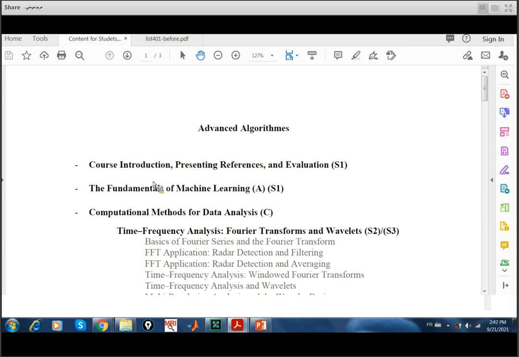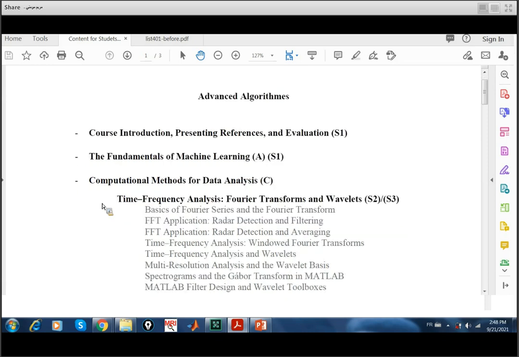If I want to talk about the details, first we will talk about the course introduction, references, and evaluation. And then we will start the fundamentals of machine learning. After that, in this session or other sessions, we will talk about computational methods for data analysis.